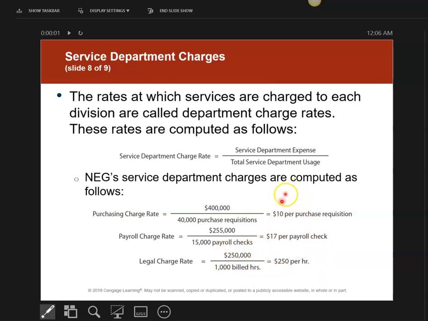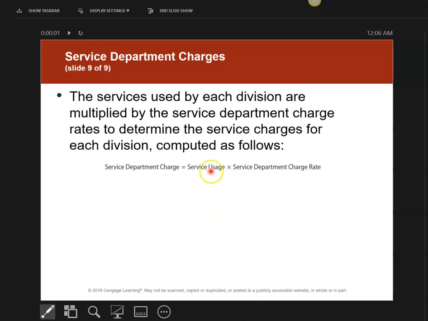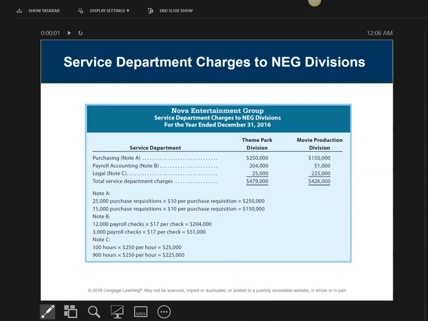Now that I know the rates, called the service department rates, I'm going to apply them to the usage for each division. I take the usage for the service department times the rate to find out how to allocate the total service department charges to the different divisions. Here are my two divisions, the theme park and the movie. For purchasing, $250,000 will be allocated, because I have a $10 rate and the theme park division issued 25,000 purchase requisitions.